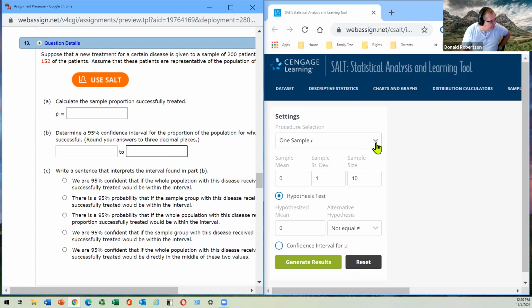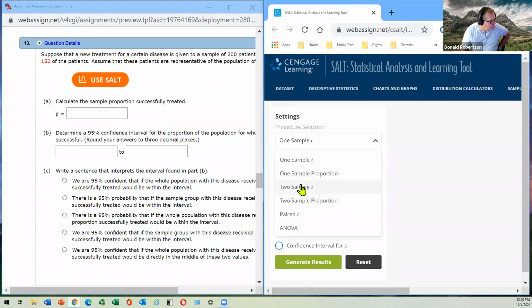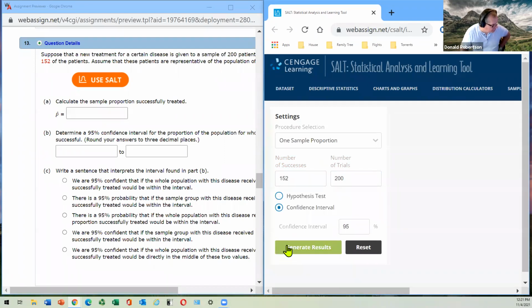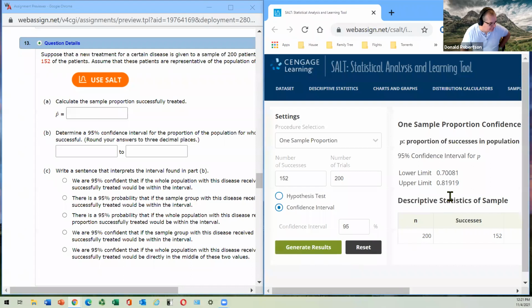So I'm going to go over here and I'm going to go one sample proportion. And the number of successes was 152. And the number of trials was 200. And I'm going to do a confidence interval and I'm going to generate the results. And over here, we have the lower limit, which is about 70% effective. And below it, the upper limit, which is almost 82% effective.